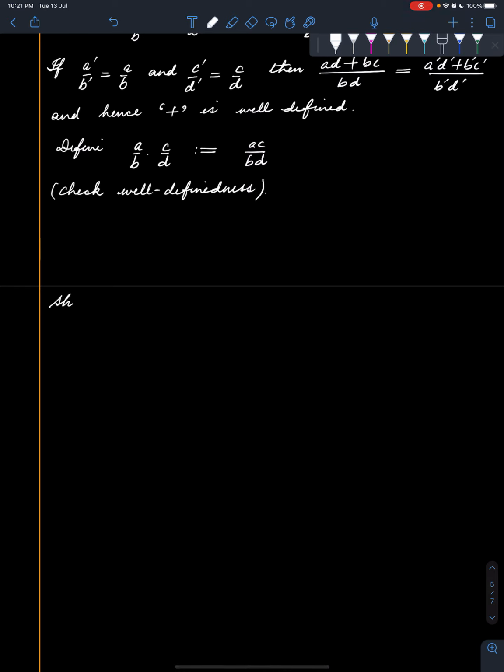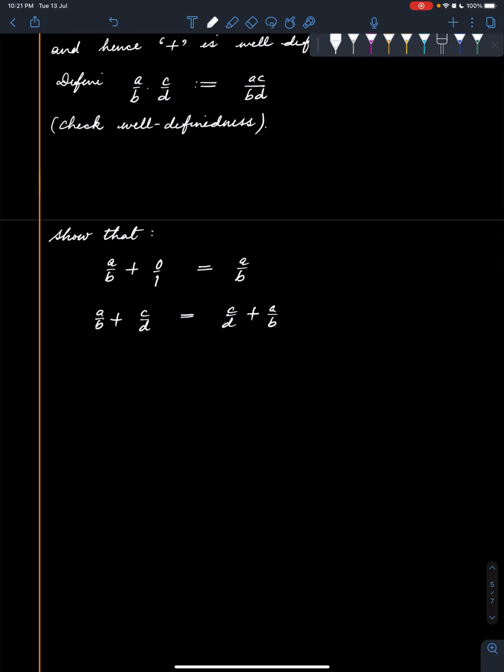Show that A by B plus 0 by 1 equals A by B. Again, for all A and B, where B is non-zero, etc. Show that A by B plus C by D equals C by D plus A by B, just as we expect.